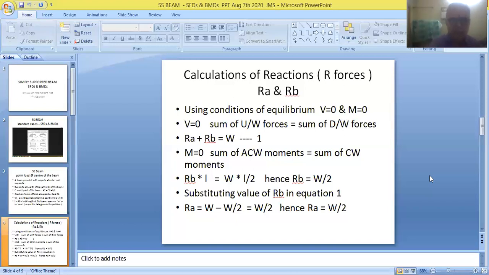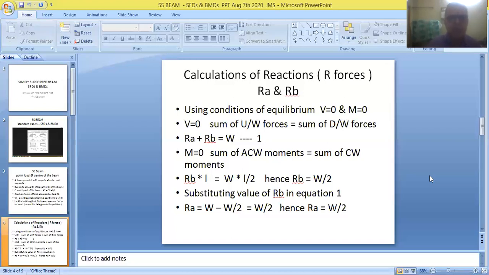So we are taking the first condition, that is sigma V. We are equating upward forces with downward forces. Upward forces are written on the left-hand side of the equation: RA and RB are acting in the upward direction. Downward forces, we have only one point load at the center of the beam acting in the downward direction, so this is written on the right-hand side of the equation.